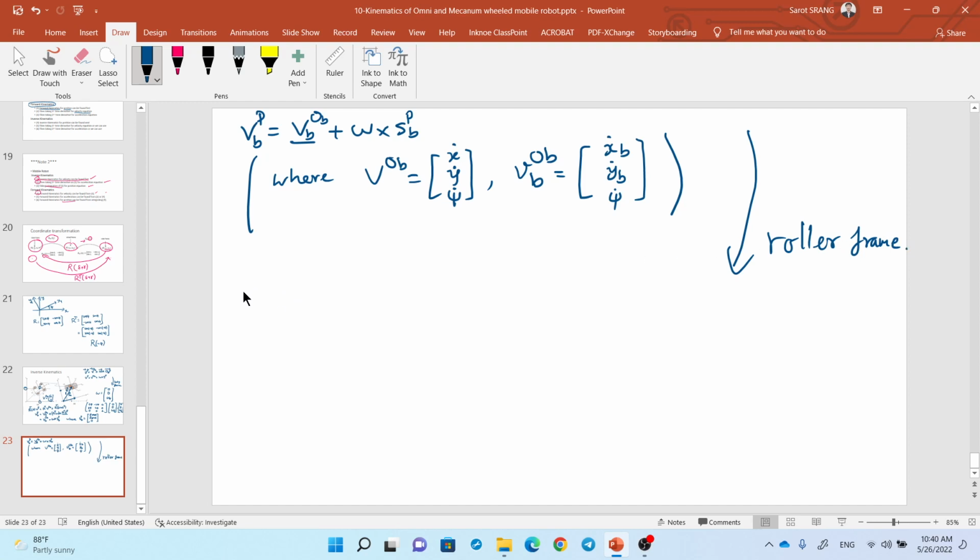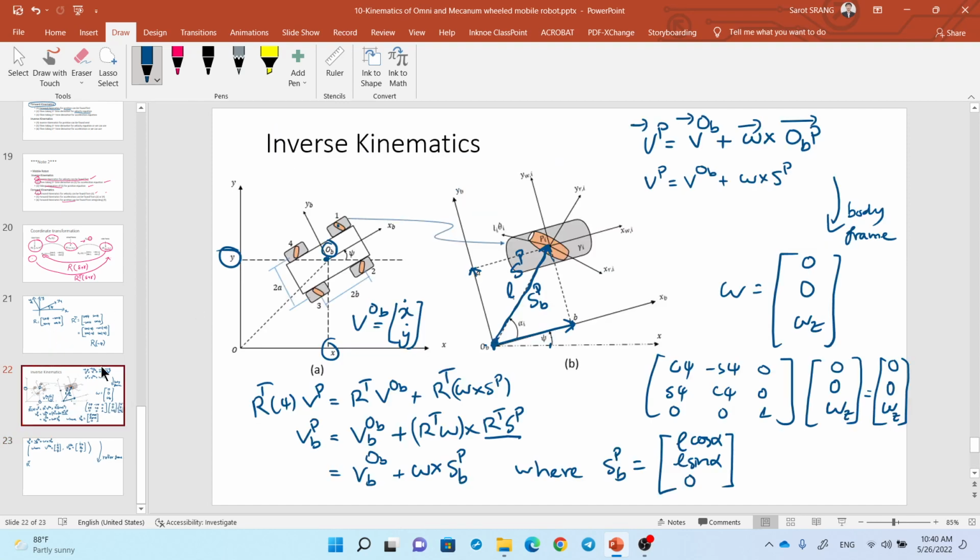So we apply the rotation matrix of what angle? Rotation transpose of what angle? From the body frame to the roller frame. Here this is the roller frame.